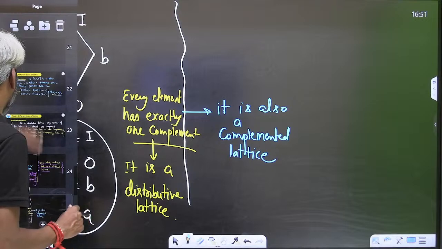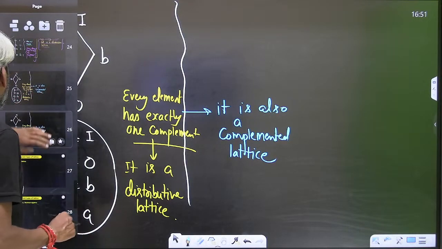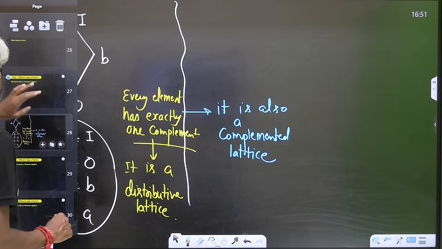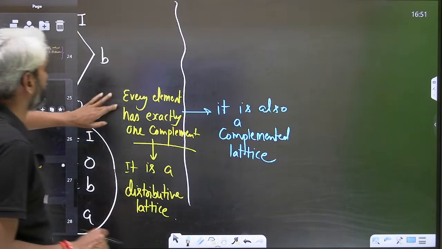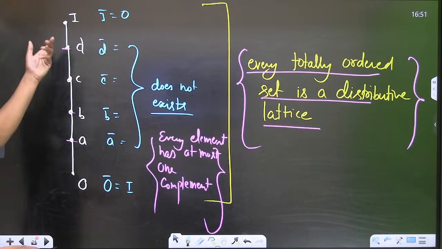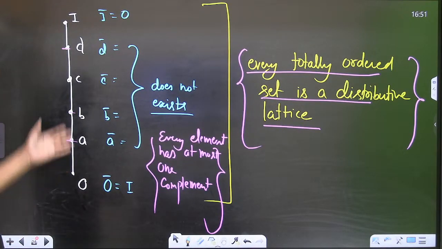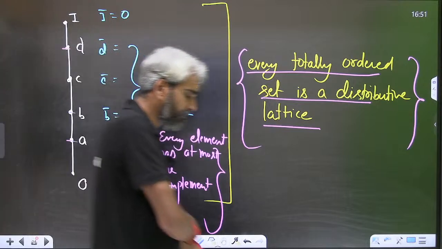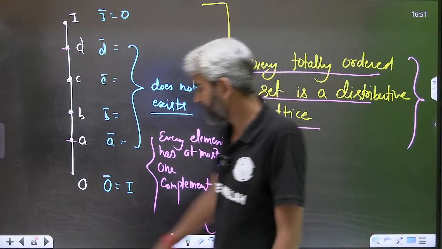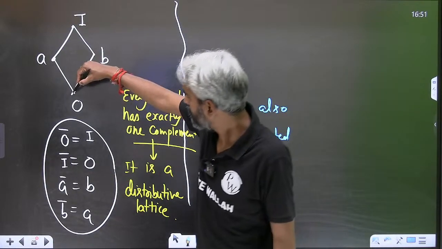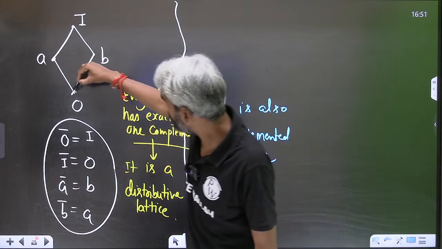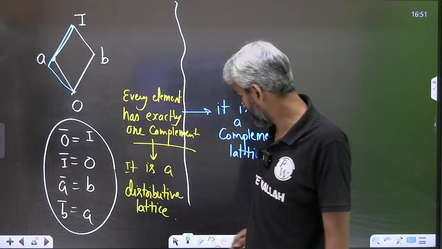Let me copy this and put it somewhere else. So, every element has at most one complement. Take any three elements. Those three elements will satisfy the distributive property. Therefore, it is a distributive lattice. Here also, if you choose three elements on this line, they will always satisfy the distributive property.